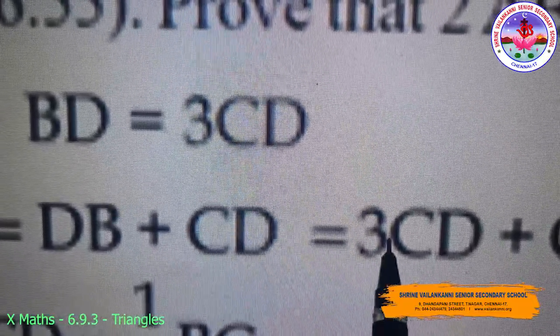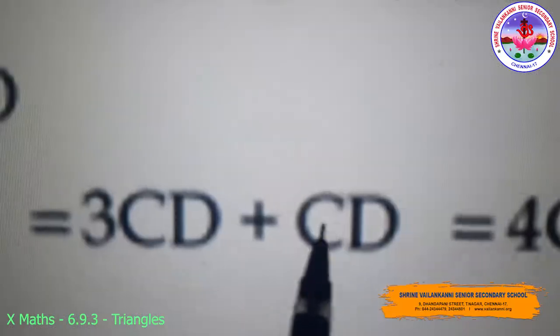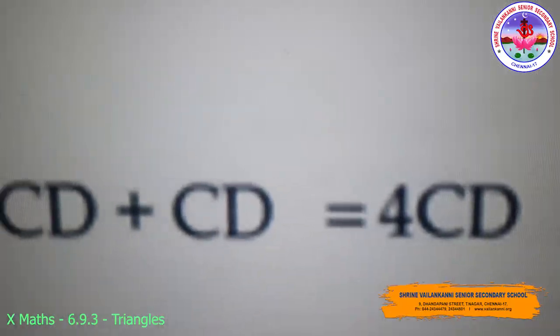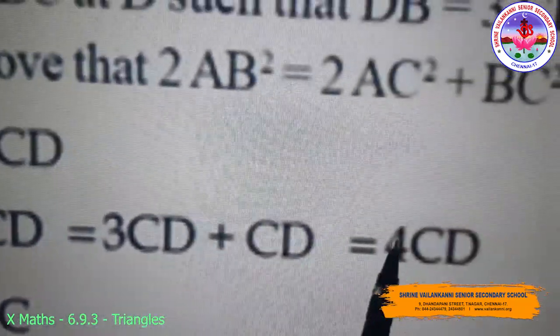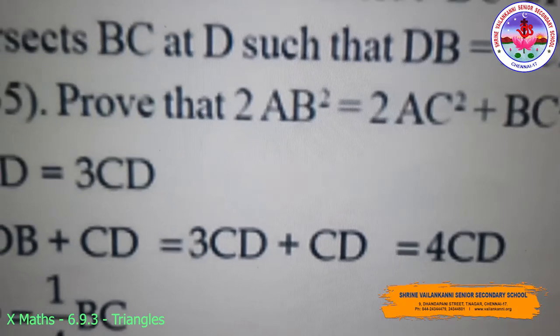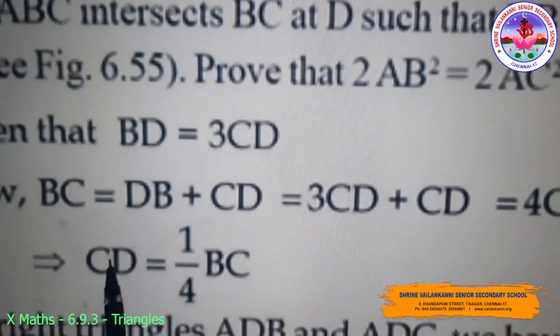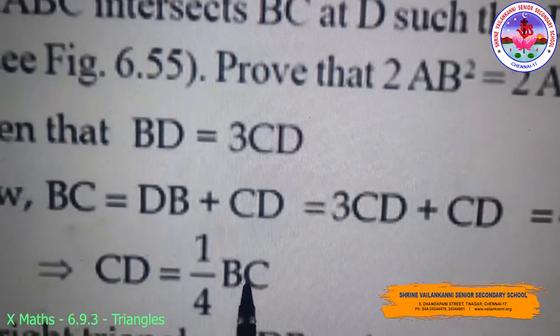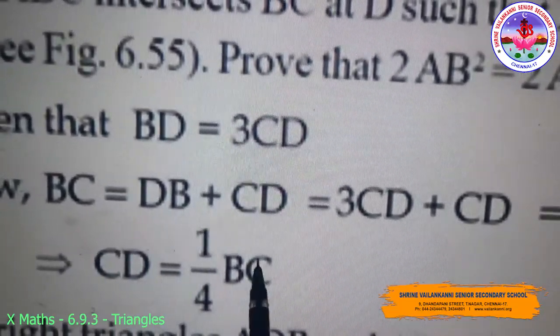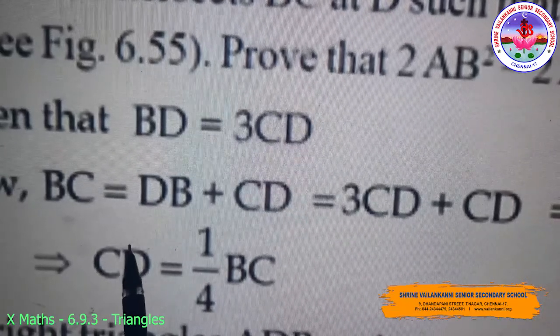Substituting here, I will get 3 CD plus CD, which is equal to 4 CD. So BC is equal to 4 times CD. So CD is equal to, bringing that 4 to the left hand side, 1 by 4 of BC. I am going to substitute this CD value in the coming problem.